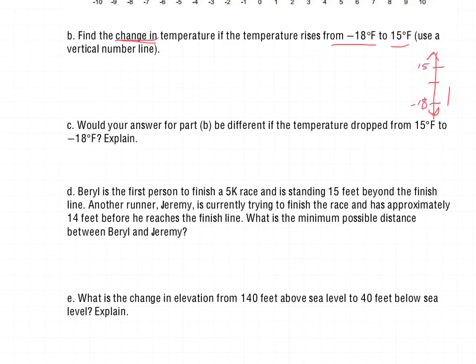I should be thinking ahead of time, is this going to be a positive value or a negative value? The answer is that it should definitely be a positive value because we're increasing. If I'm using my formula, end minus beginning, 15 minus -18, change that to adding the opposite. That's going to give me a positive 33.